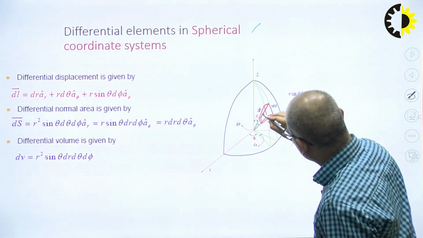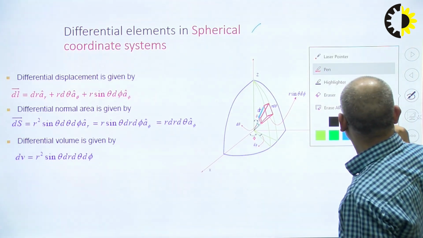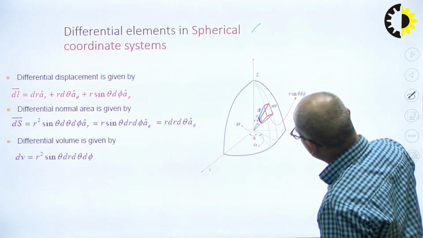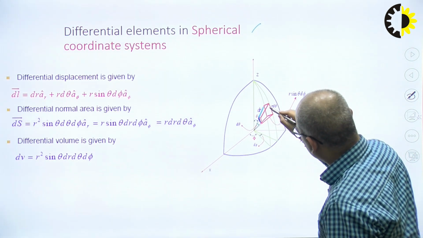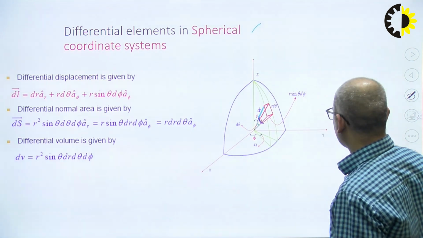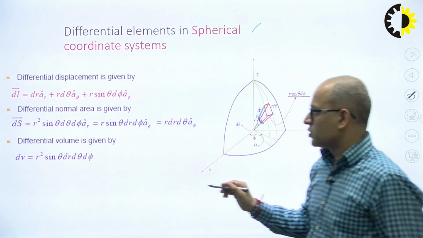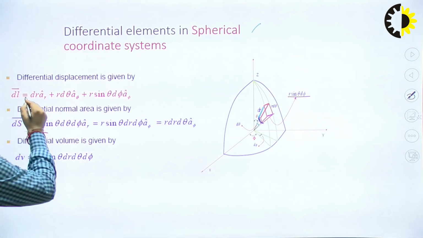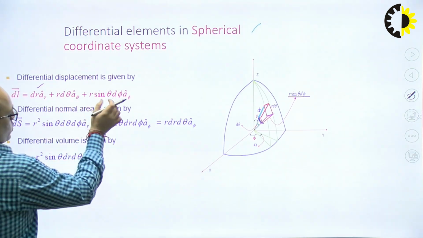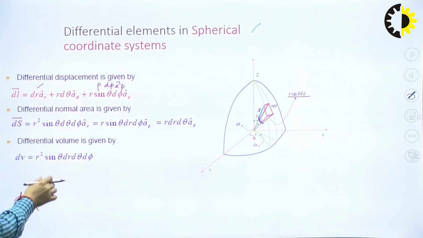This one is dr, this one is r d theta, and this one is r sin theta d phi. The differential length is dr a cap r, r d theta a cap theta, and r sin theta d phi a cap phi. Clear?